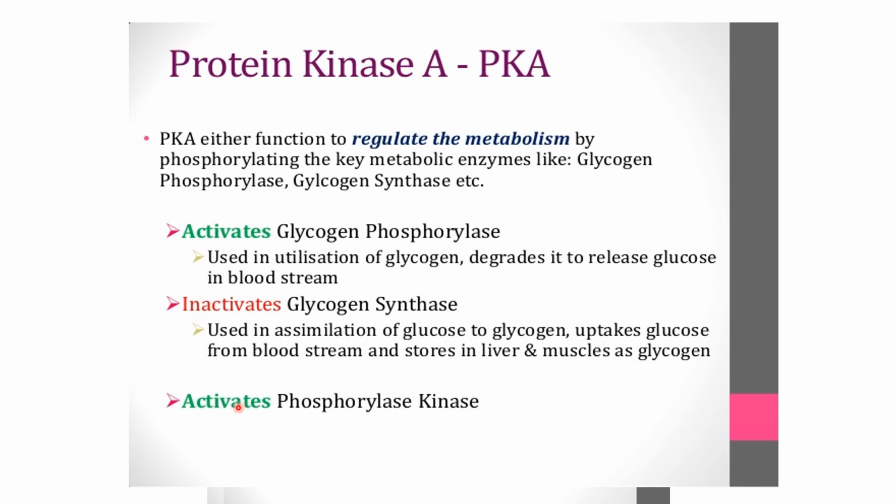While another function of protein kinase A is that it activates the phosphorylase kinase. In Lippincott, you can easily learn or study about glycogen metabolism, where the proper details of glycogen synthesis and glycogen phosphorylase action are given in the book.